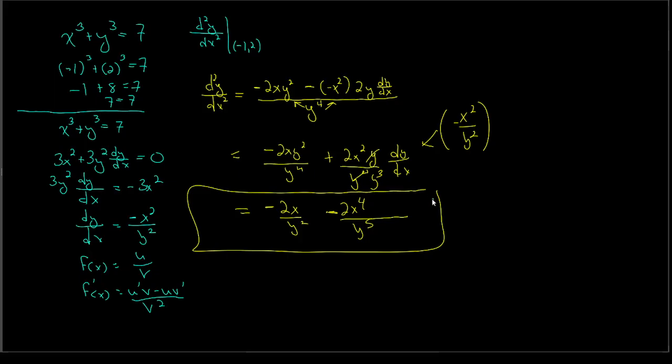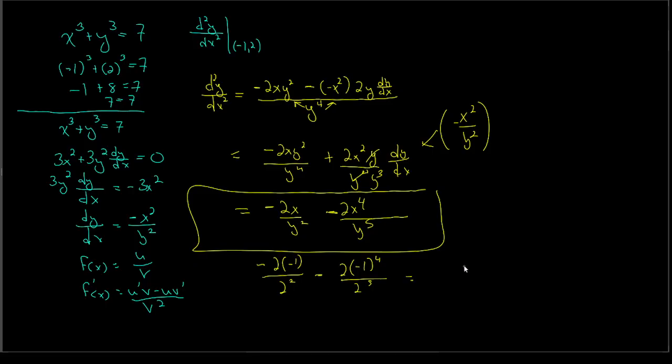If we evaluate this at -1, 2, I'm going to get -2 times -1 over 2 squared minus -1 to the 4th over 2 to the 5th.